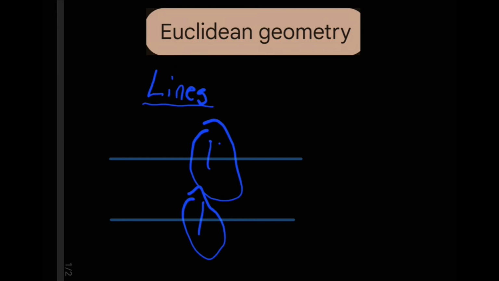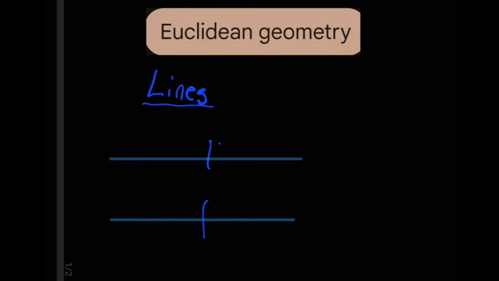Equal means they have the same length. That's pretty much the gist of it. They have the same length and they're going in the same direction. So these lines have the same length, therefore they're equal. When you see lines like this, it means that you have equal lines, just like that.